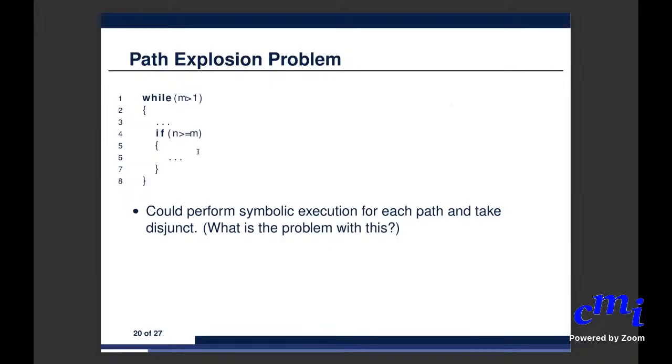So that may be okay for straight-line programs with some limited number of nested if-then-elses. But when you are trying to do such symbolic path enumeration for loopy programs, your enumeration can get out of hand.